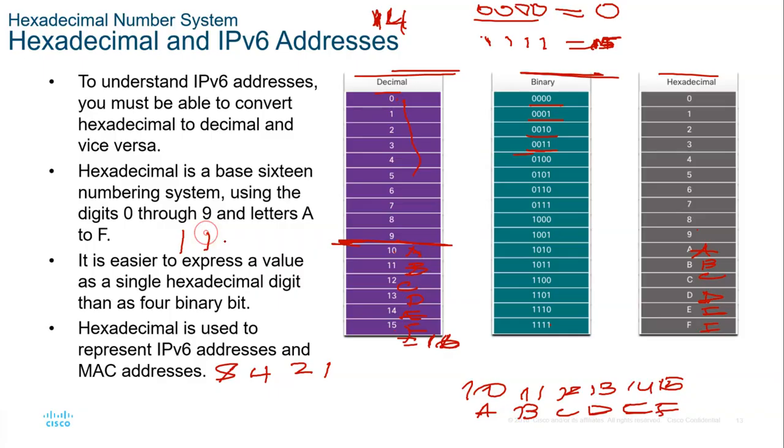If I have all bits as ones, I just give the powers 0, 1, 2, then 3. 2 power 3 gives you 8. 2 power 2 gives you 4. 2 power 1 gives you 2. 2 power 0 gives you 1. And then when you total them, they will give you 15.